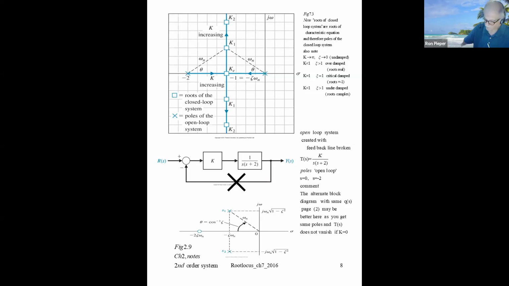And if we go back to the previous page, we would argue that at the point where k is equal to 1, let's go back here. When k is equal to 1, then omega n is equal to 1.